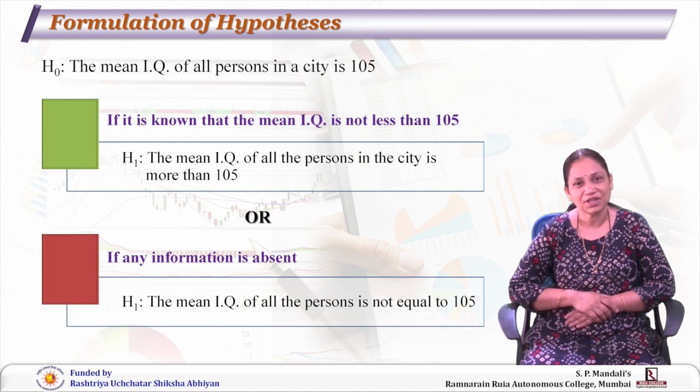If the information available says that the mean IQ is never less than 105, the alternative hypothesis will be the mean IQ is greater than 105. If there is no information available about it, the alternative hypothesis will be the mean IQ is not 105, and generally it is written with a not equal to sign mathematically.